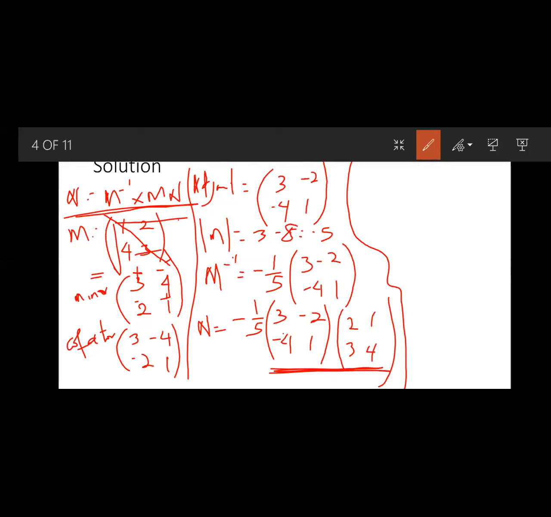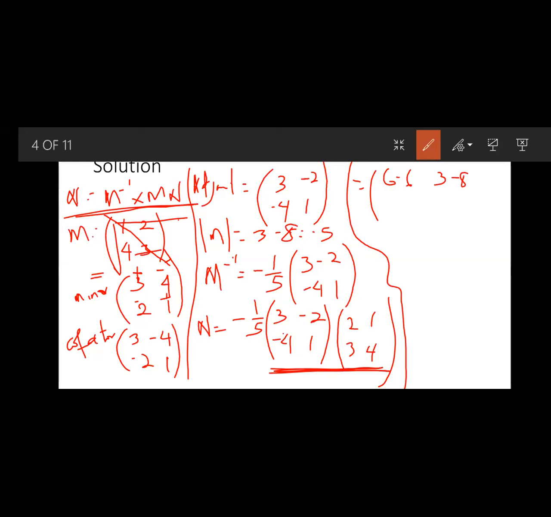So 3 times 2, 6. Minus 2 times 3, it will give us minus 6. I hope I'm right. 3 times 2, 6. Minus 2 times 3, minus 6. So the next one, 3 times 1, 3. Minus 2 times 4, minus 8.